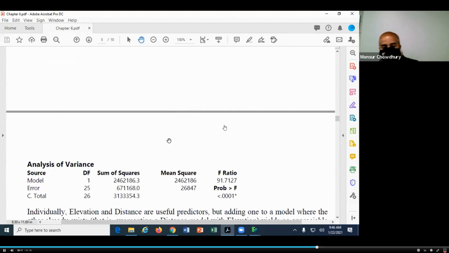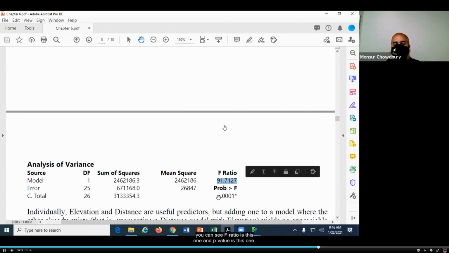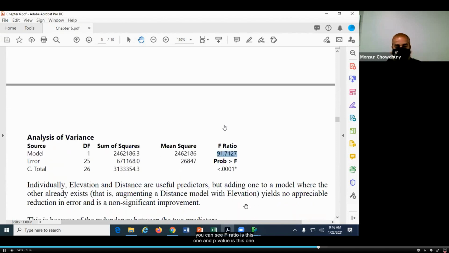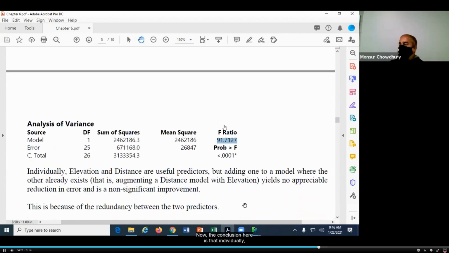If you look at the F ratio, you can see the F ratio is this one, and the p-value is this one. Now, the conclusion here is that individually, elevation and distance are both useful predictors. But adding one to a model when the other is already in the model is not useful. So these are our conclusions.